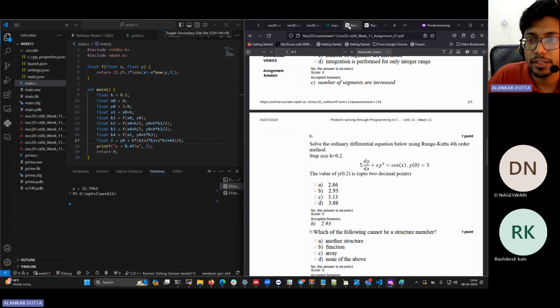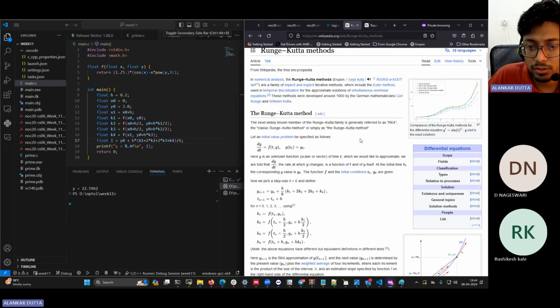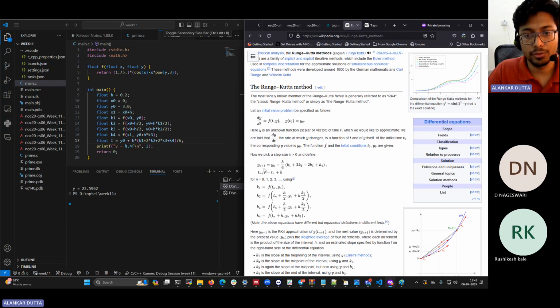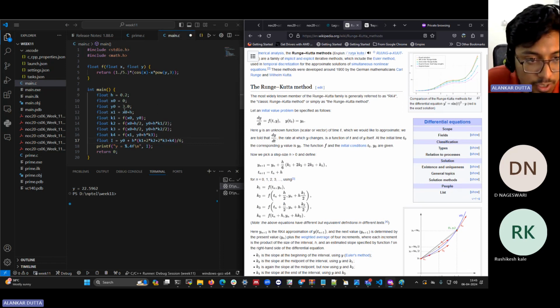So let me open up again the Wikipedia article on the Runge-Kutta method, and here you see we want to find out the value of y at n plus 1. So the n plus 1 for us is at x0 plus h. We start with finding out the values of k. These are the slopes with which we want to approximate the solution. So you start with k1, where t in this Wikipedia article corresponds to x in here.